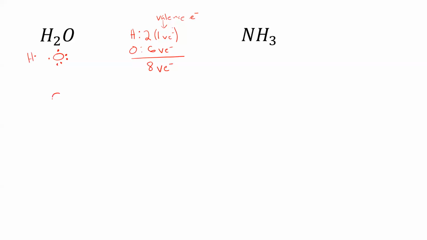Oxygen is the central atom in the middle, because it has 2 unpaired electrons, whereas hydrogen only has 1 unpaired electron. So we put our oxygen in the middle, and we surround it on any of those 4 sides.